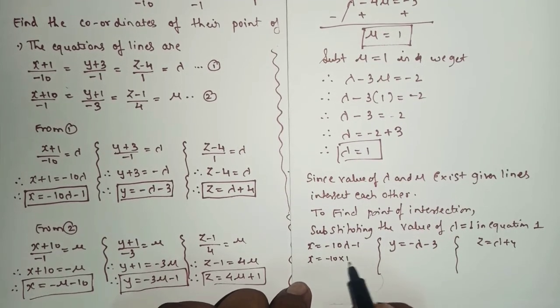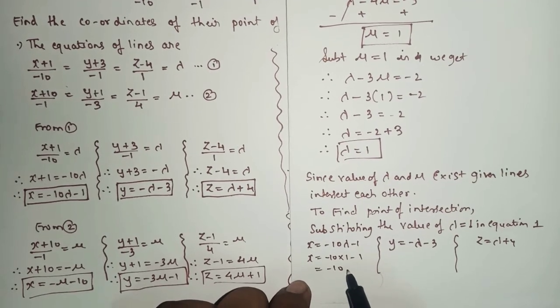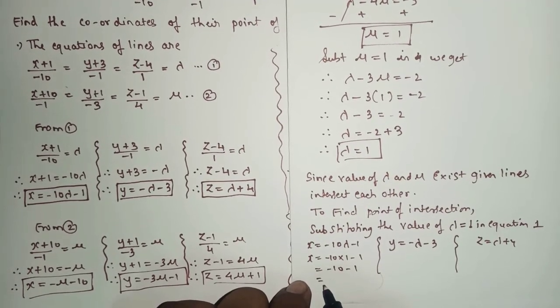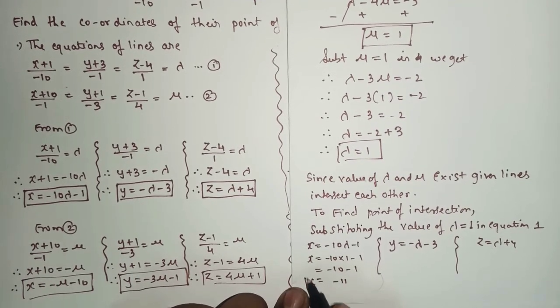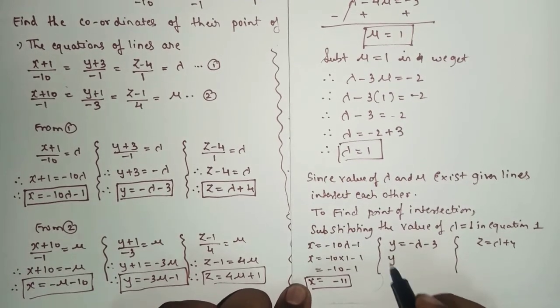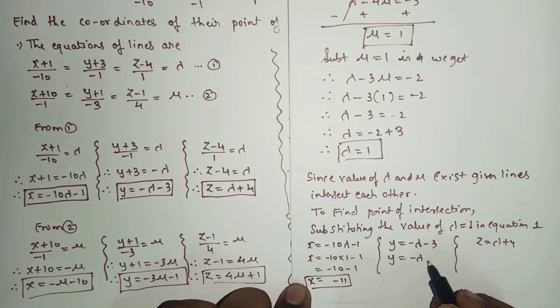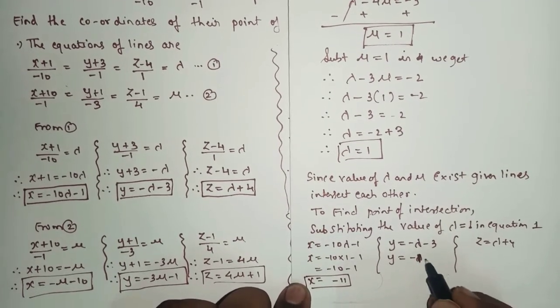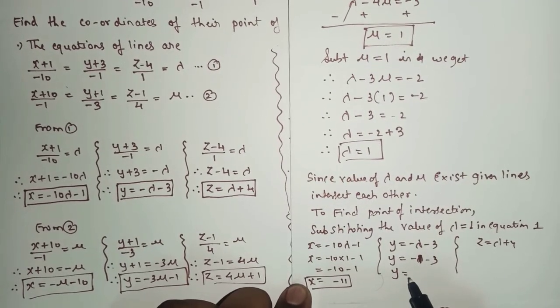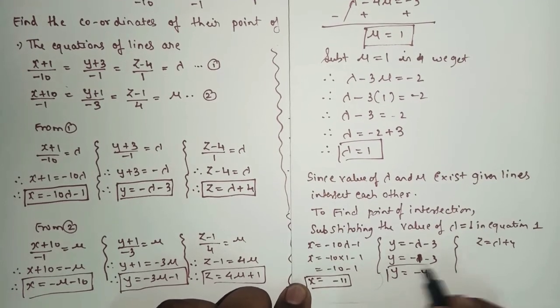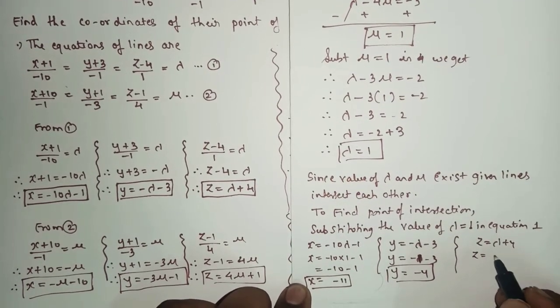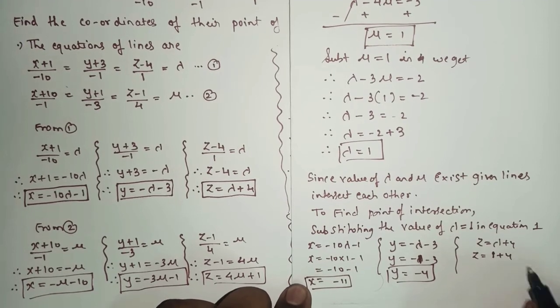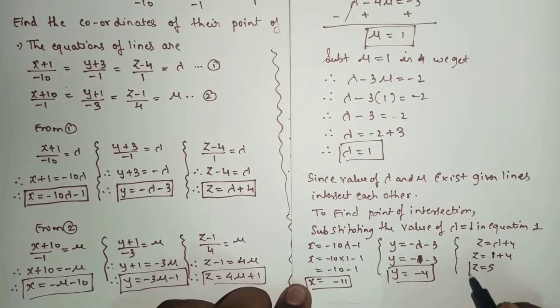Minus 10 into 1 minus 1, so minus 10 minus 1, the x coordinate will be minus 11. Y equals, lambda is 1, so y equals minus 4. Lambda is 1, so 1 plus 4, so we got z coordinate as 5.